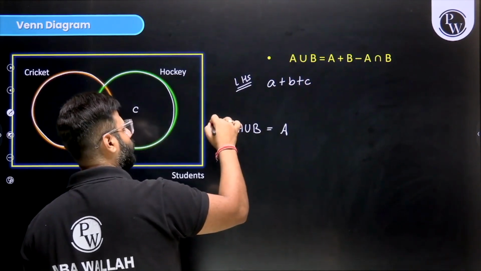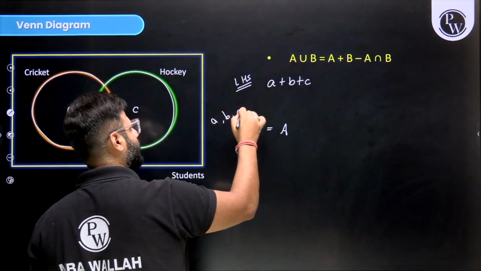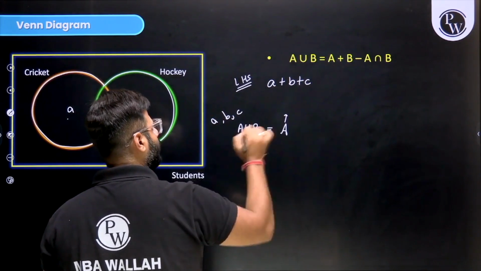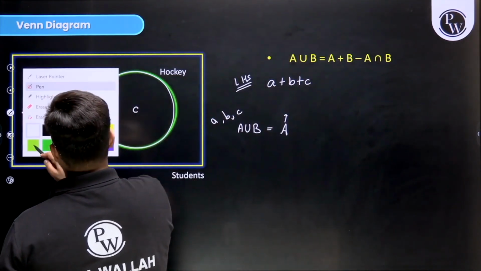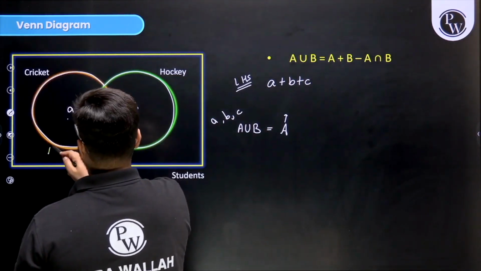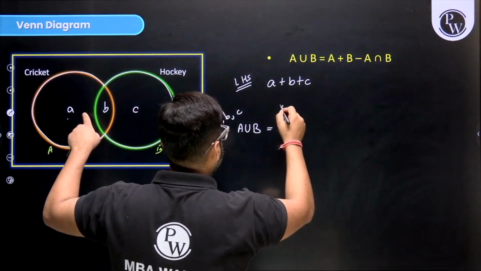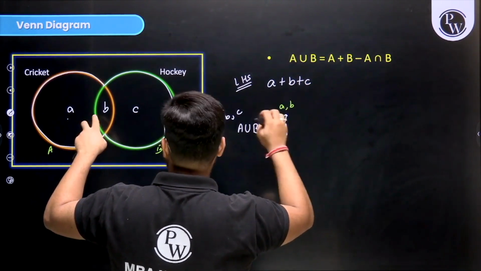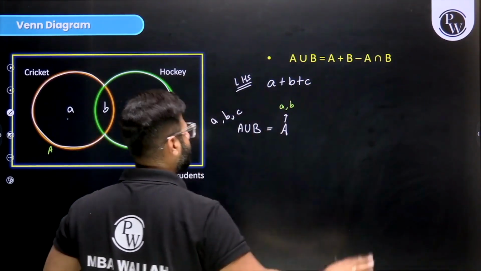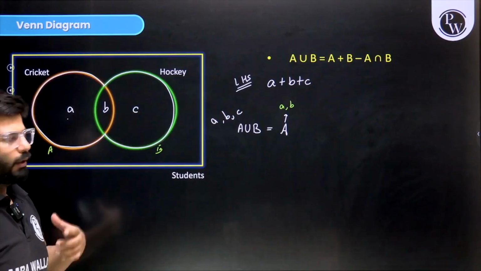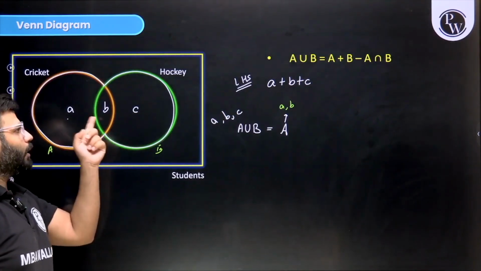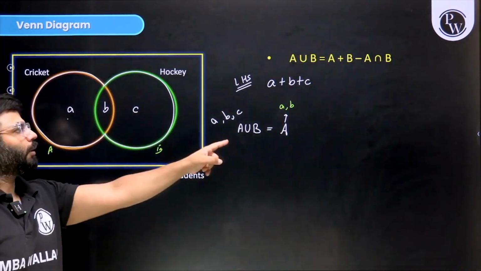A union B में आपको A चाहिए था, B चाहिए था, C चाहिए था. A को लिखते ही अपने साथ A कौन सा सेट लाए? क्रिकेट को अभी हम मान के चल रहे हैं ये A सेट है, ये मान के चल रहे हैं B सेट है. A अपने साथ लेके आता है A एज वेल एज B. हमें A B C चाहिए था, A और B साथ में ले आया है. करेक्ट? We wanted to write A plus B plus C because that was A union B.